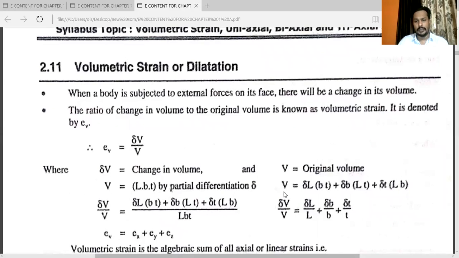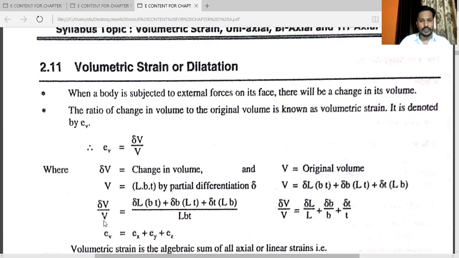So here again I am telling you, by partial differentiation delta V is equal to delta L in bracket B into T plus delta B in bracket L into T plus delta T in bracket L into B.